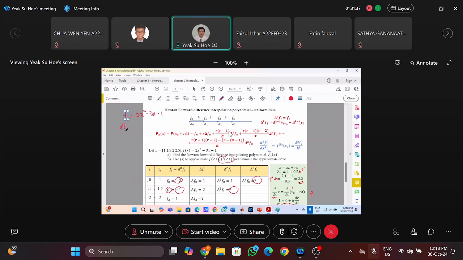So df dx, in this one without changing to the R, you get 4x minus 3. So df dx, when x is 2.1, you substitute 4 times 2.1 minus 3, so you get 5.4. Okay, clear.